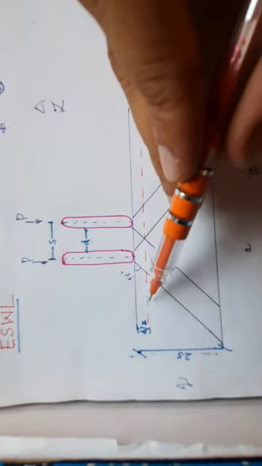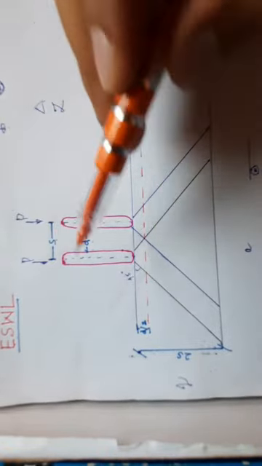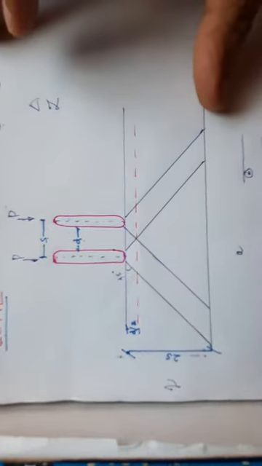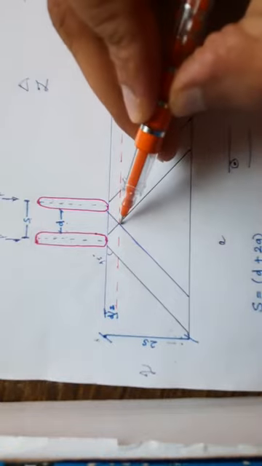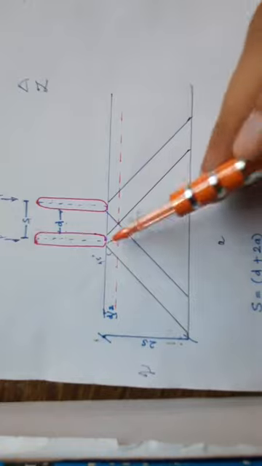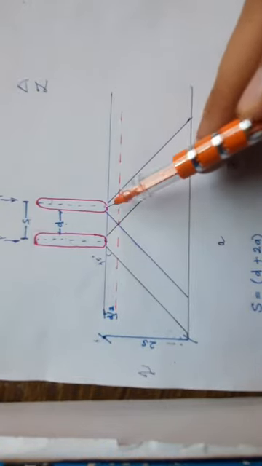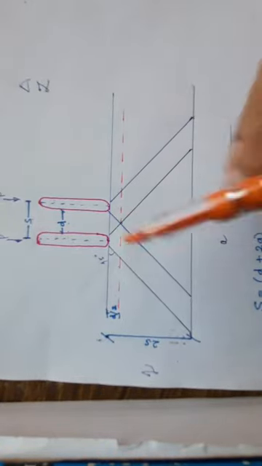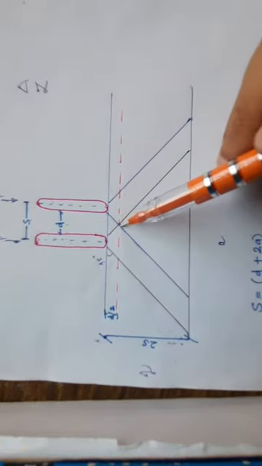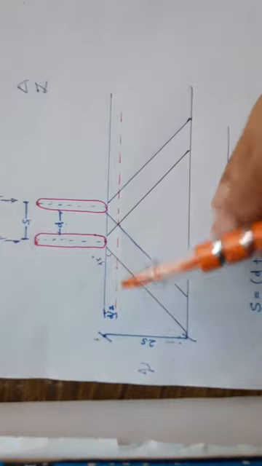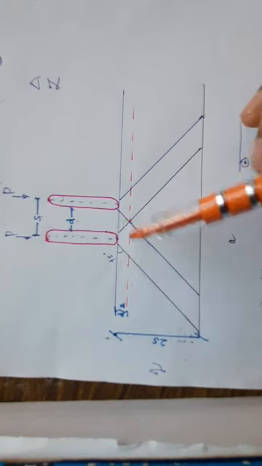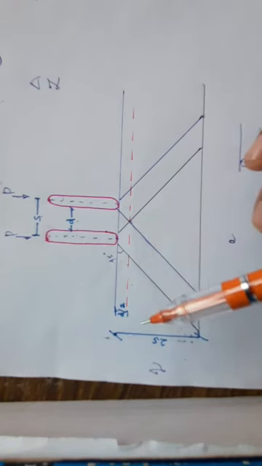So up to that d by 2, the load coming from both the wheels acts independently. This is how you mark d by 2, where there is some overlap between the two. This is the stress generated by this wheel, and this is the stress generated by the other wheel. We show it as a truncated cone. Where they first interact is up to d by 2, and the load from both wheels acts independently up to the depth d by 2.